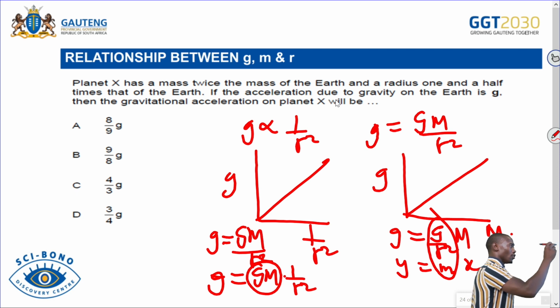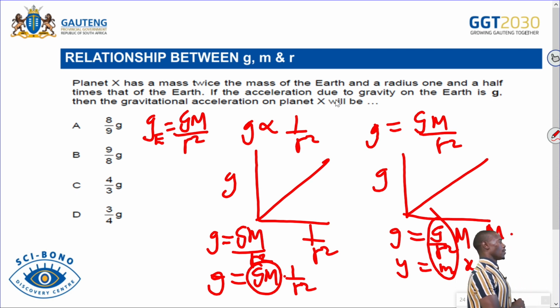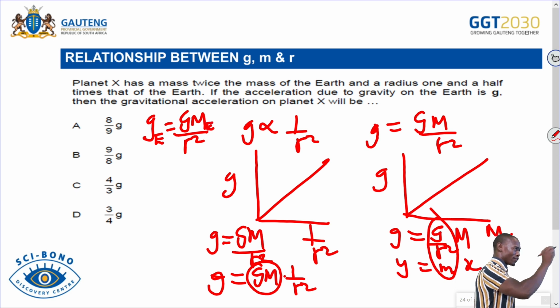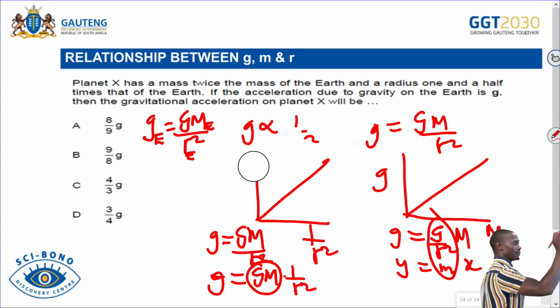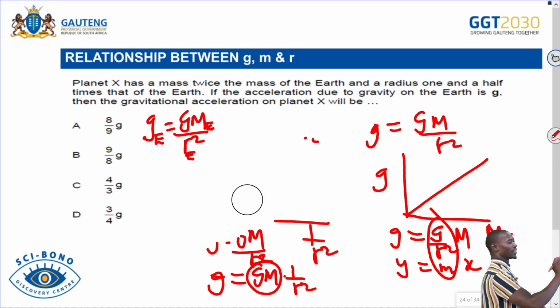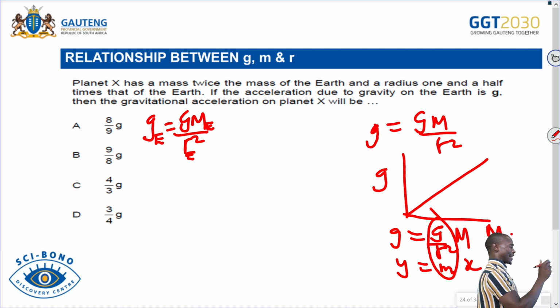So g on planet Earth is GM over r squared, where m is the mass of the planet and r is the radius of the planet Earth. Then g, which is the acceleration due to gravity on planet X, right? So on planet X, it will be what?